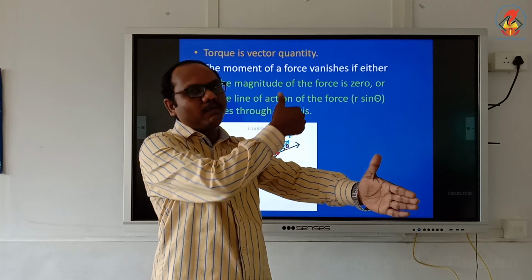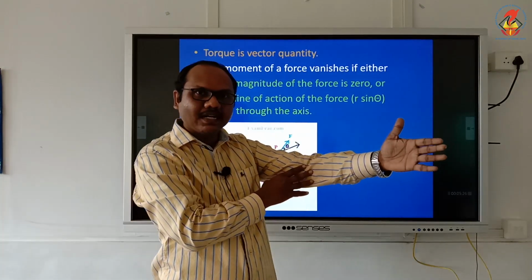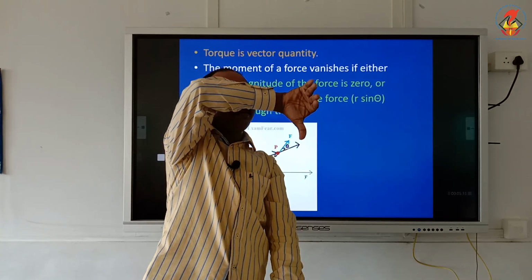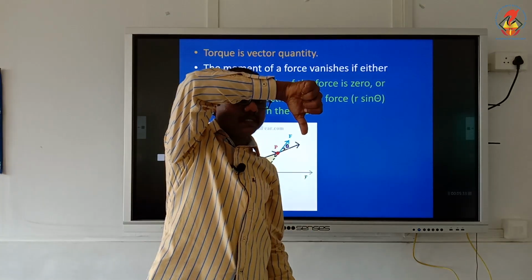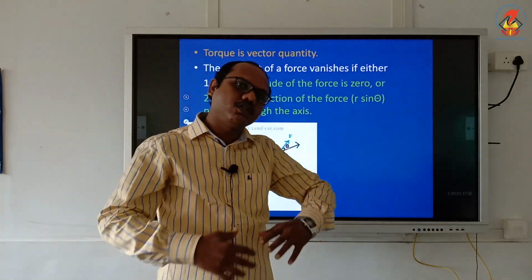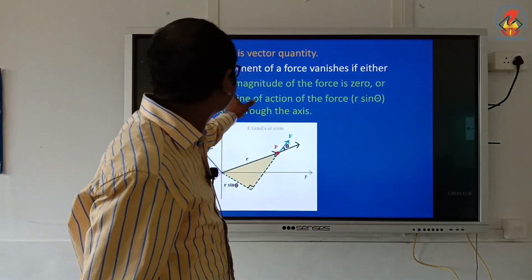The thumb is pointing upward. Now what happens if I pull this back? It is turning from here to here. My right hand will curve like this, and the thumb is down. That is negative. That is why I told you anti-clockwise torque is positive and clockwise torque is negative.